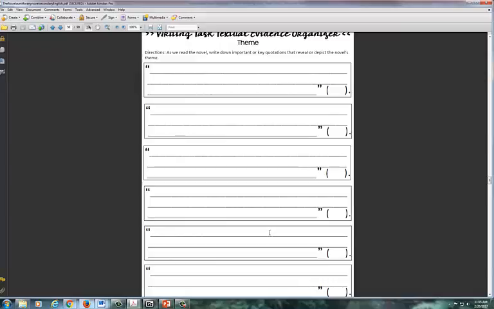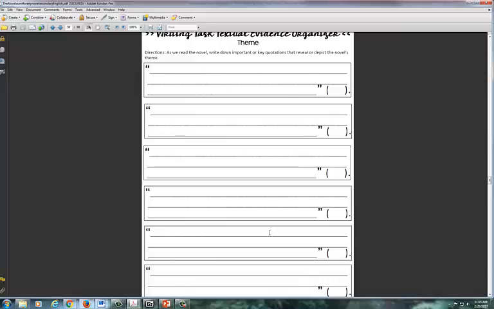So this is actually a piece of work that you probably do need to save until after you have finished the novel, because you're not going to know for sure what the themes are. You can probably make some educated guesses. You'll probably be able to tell over the course of the novel, but really you won't know for sure.